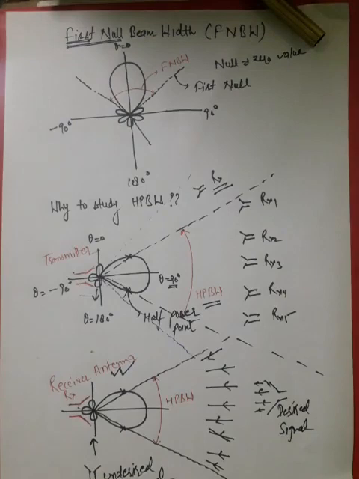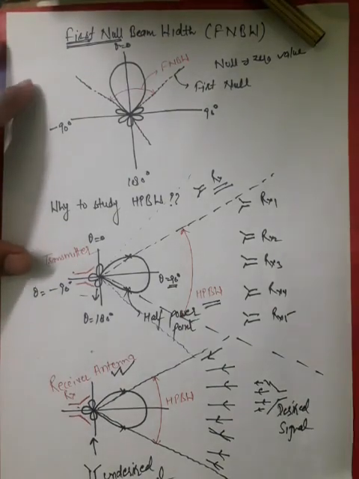So after 2 or 3 lectures we will concentrate about how to evaluate these values. So before coming to the evaluation of half power beamwidth and the Fresnel beamwidth, we will look the radiation intensity. So based upon that radiation intensity, we will evaluate this half power beamwidth and the Fresnel beamwidth.